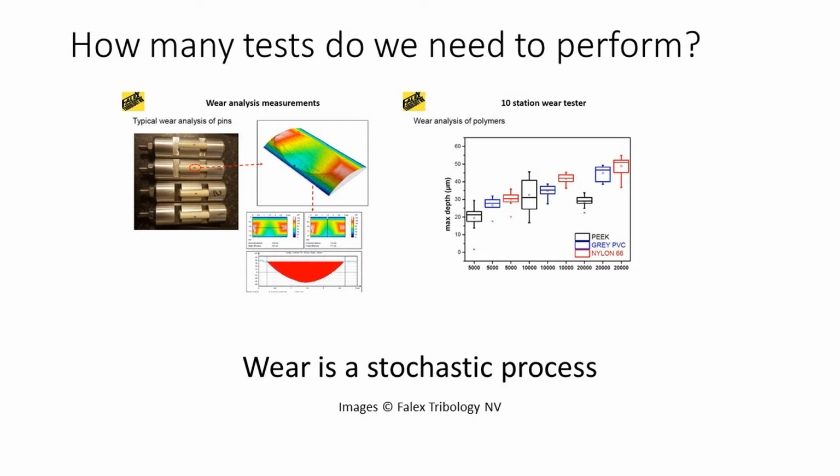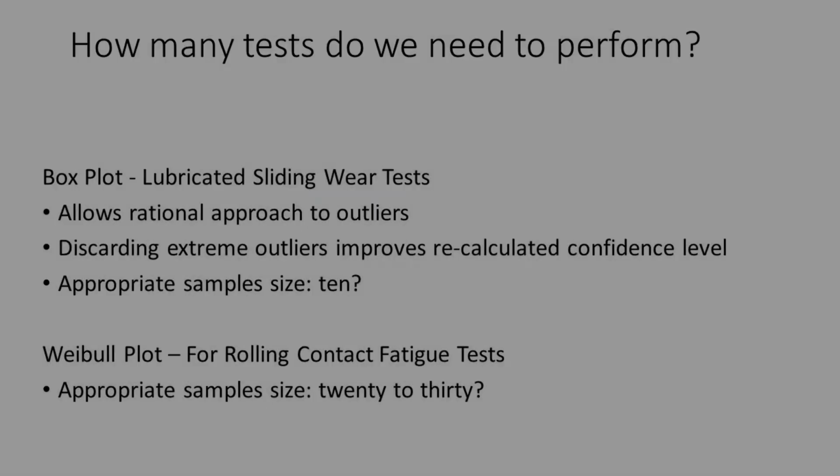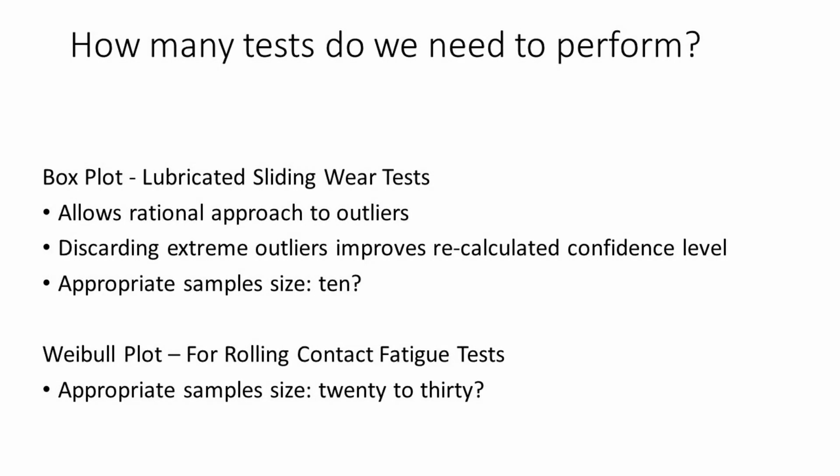With regard to the question about how many repeat wear tests we need to perform, the answer is that it depends. A box plot allows us to adopt a rational approach to outliers, in other words, measurements that appear to lie an abnormal distance from other values in a series of repeat measurements.